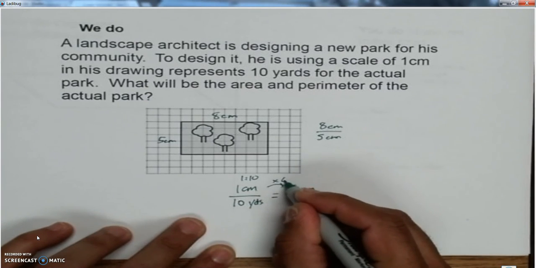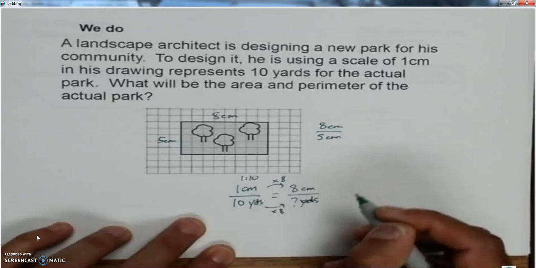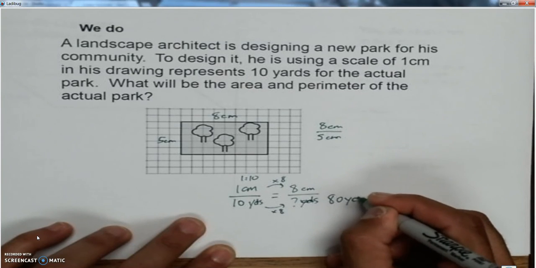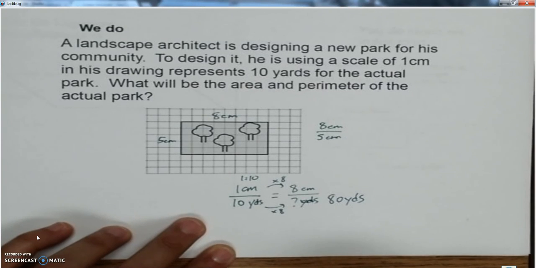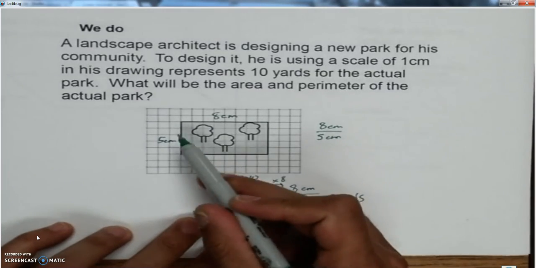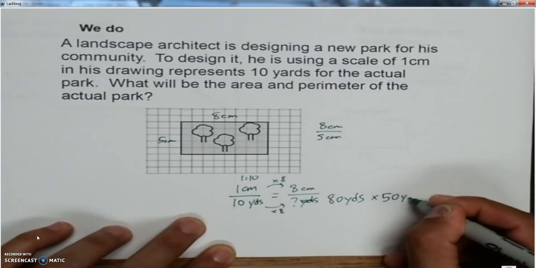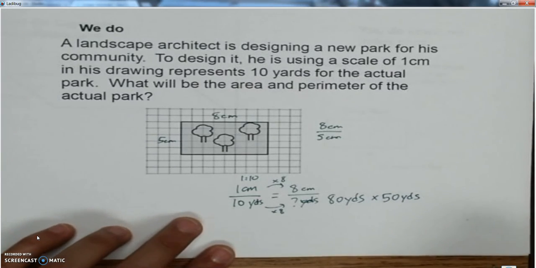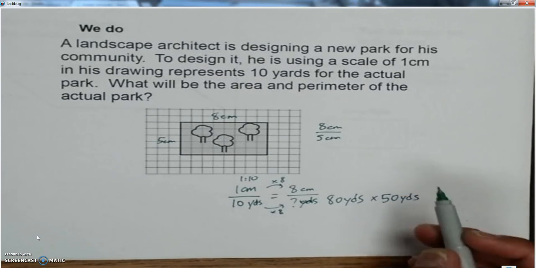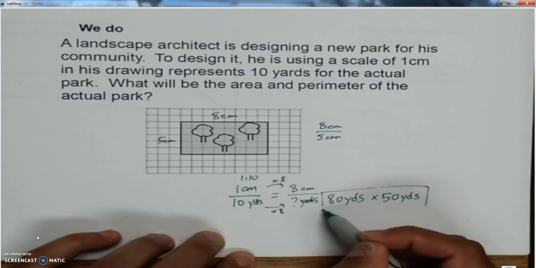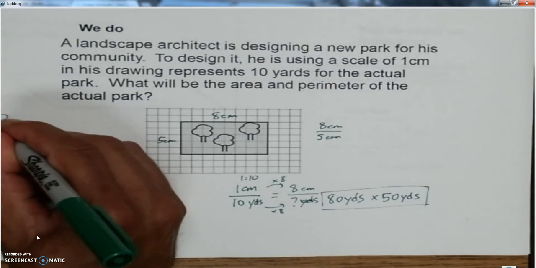Well, that was times 8, so this was times 8, and we said it was 80 yards. And likewise, this other dimension is going to be 50 yards. So it's 50 yards by 80 yards for the actual thing.